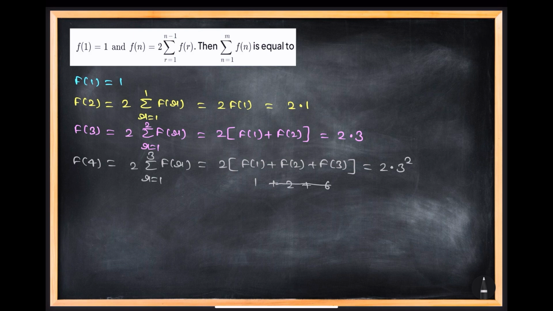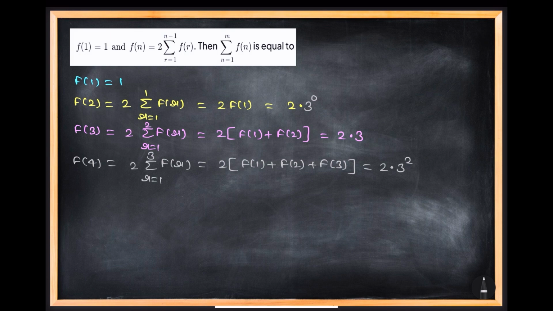I hope you guys are getting the pattern. Okay, so here this 1 can be replaced by 3 power 0. So you got the pattern. Now how we should respond? Look at the idea.